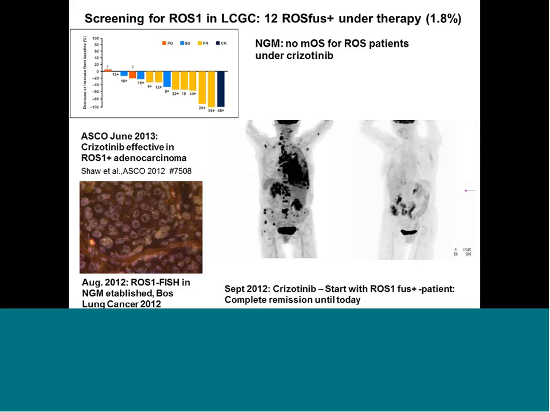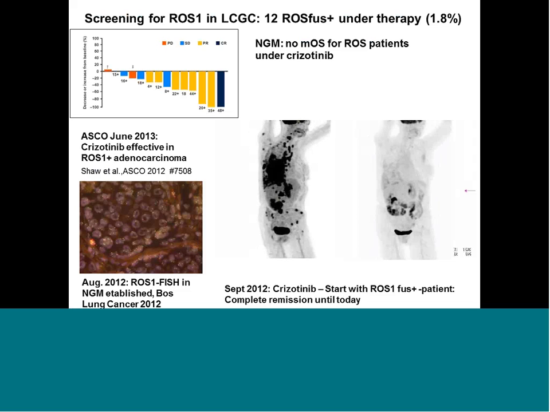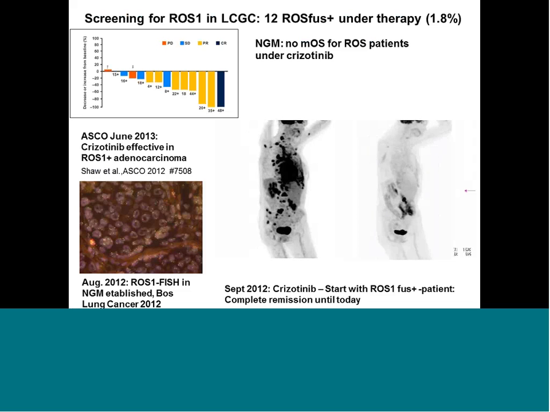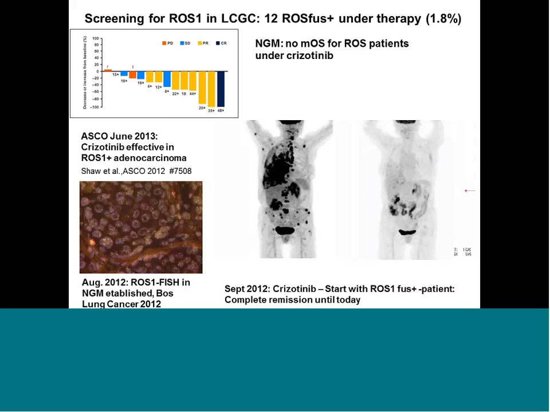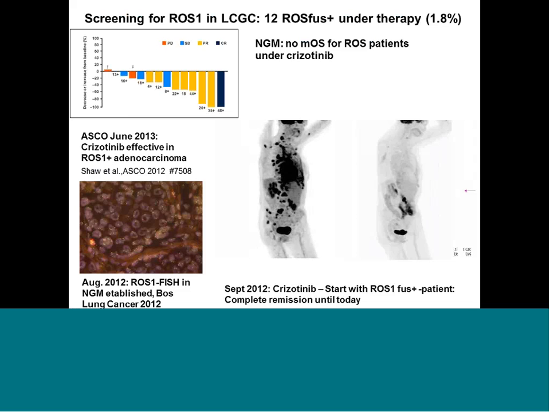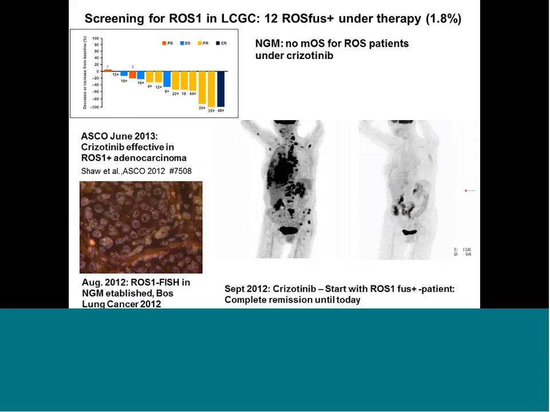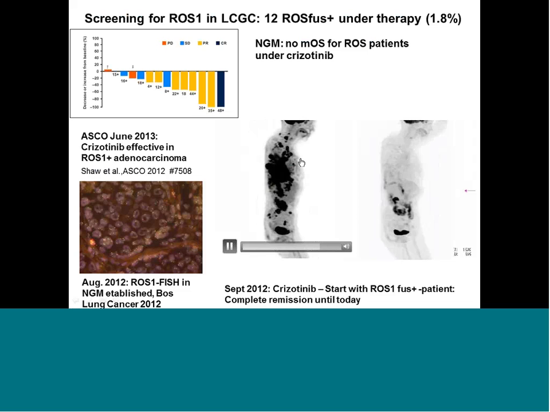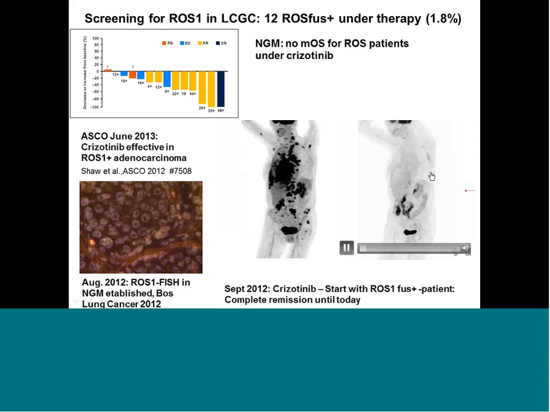And as you can see, I've brought here a beautiful example of a patient, actually our first patient who we identified as being lung cancer adenocarcinoma with a ROS receptor gene fusion that's kinase activating. And she initiated at very late stage 4 therapy with crizotinib 2.5 years ago and still in complete remission.